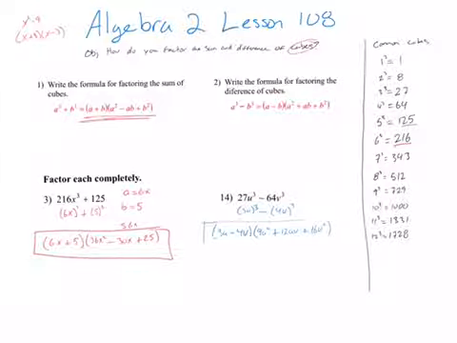And if you were to FOIL this out, or distribute this times each one of those and this times each one of those, you would find that it comes back to this right up here exactly. So you can check these if you want.